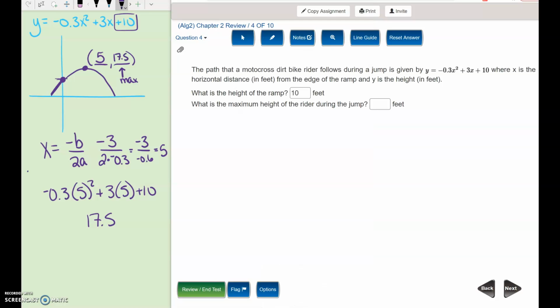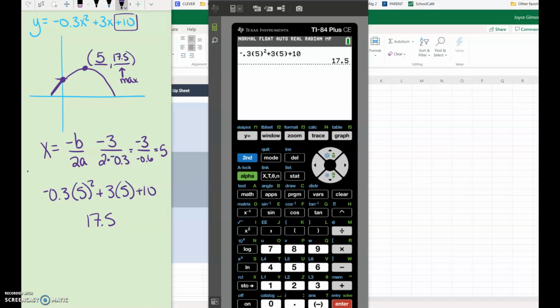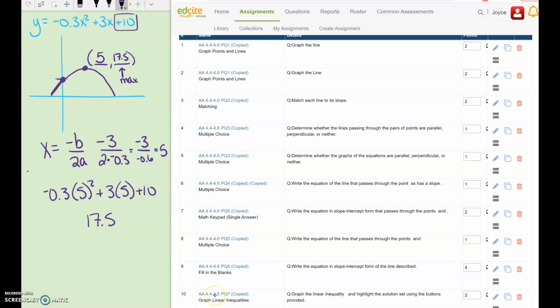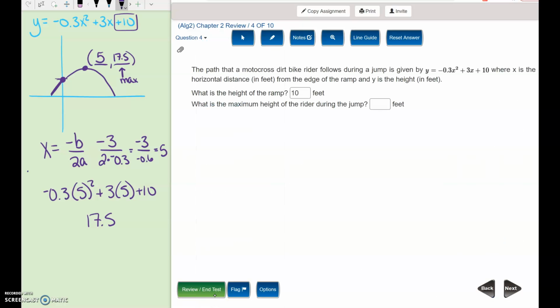So 17.5 is the maximum height of that jump.